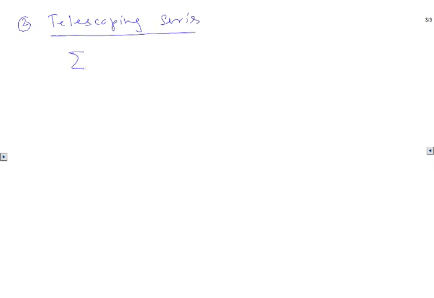Let's say you have a series. We write a_n. What you can do is sometimes you can write a_n, the nth term, as a difference of two consecutive terms like that. We don't know anything about b_n, but you can write it as a difference of two consecutive terms.